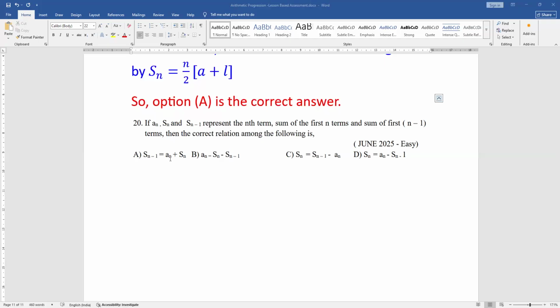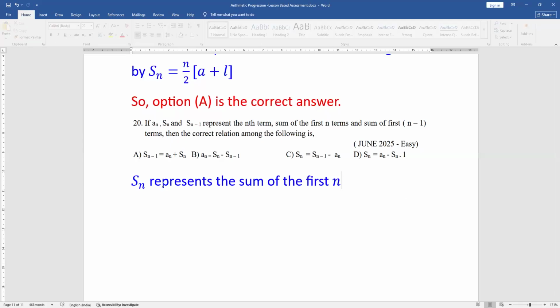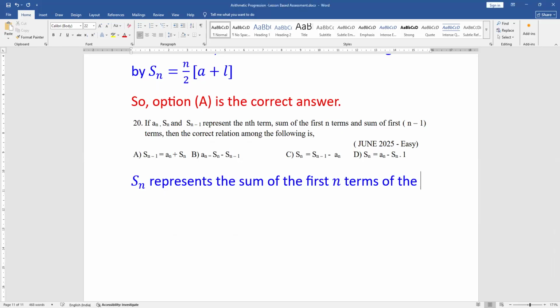First, what is Sn here? See, Sn is nothing but it represents the sum of the first n terms of a sequence.